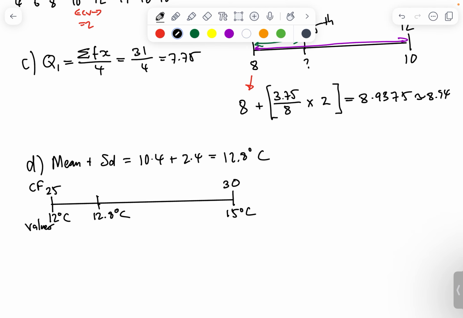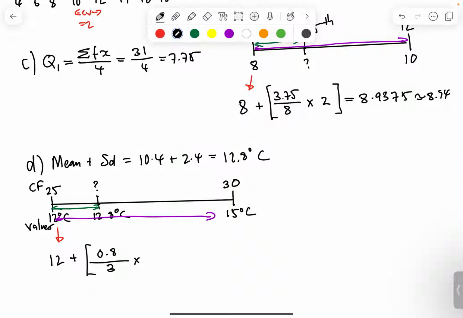And I want to know how many days till I get to 12.8 degrees. So I'm doing exactly the same thing I did before. I'm going to take my starting point, which is 12. I'm going to add to that my fraction, which is 0.8 out of the whole class, which here is 3, times 5.